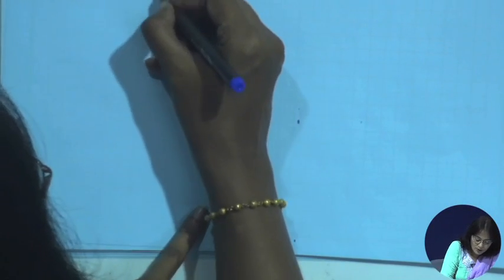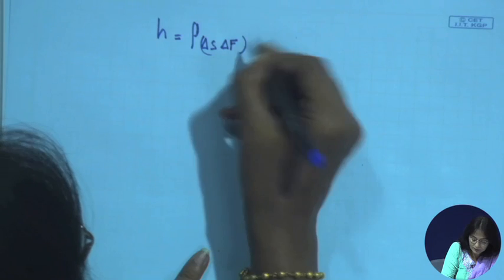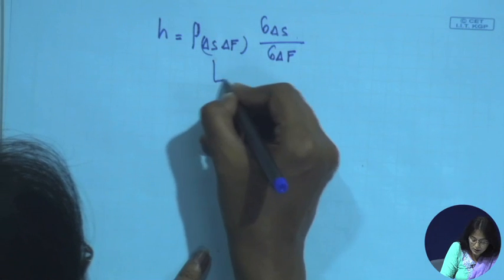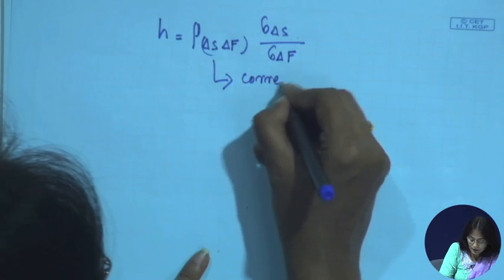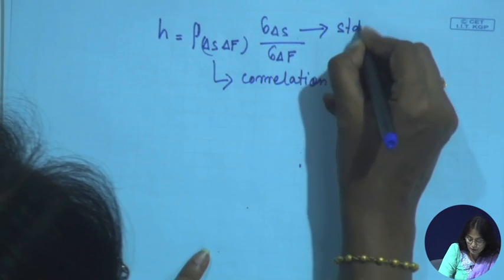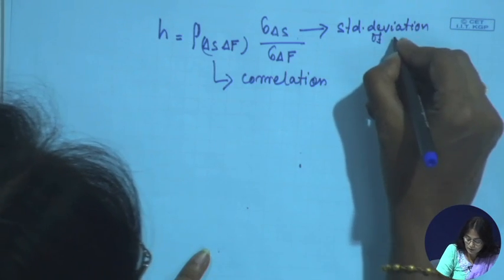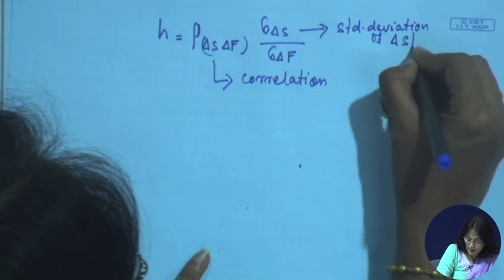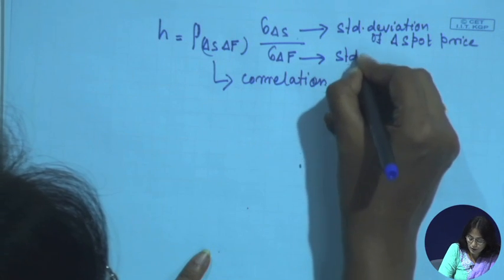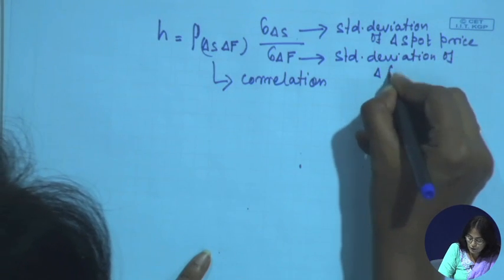If you remember, the hedge ratio is nothing but the correlation between delta S and delta F, multiplied by sigma delta S divided by sigma delta F. This is the correlation between price changes, and sigma is the standard deviation of the change in spot price, and this is the standard deviation of the change in futures price.